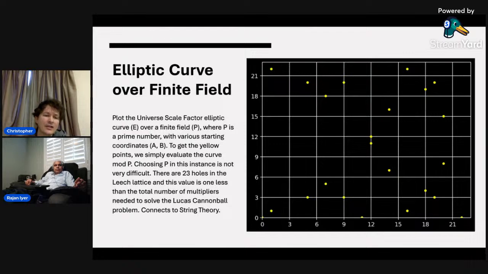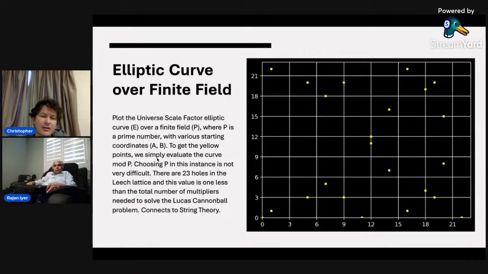Choosing P in this instance isn't very difficult because, as we know, there are 24 even unimodular lattices, one of which is the Leech Lattice, and there are 23 holes in the Leech Lattice. So 23 could be equal to the number of holes in the lattice, or one less than the total number of even unimodular lattices.